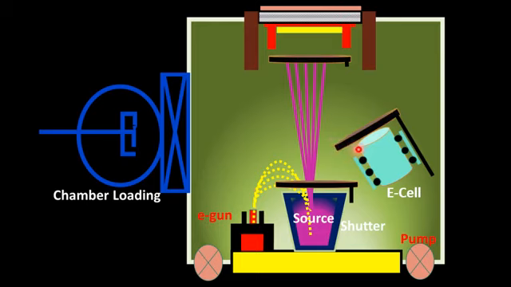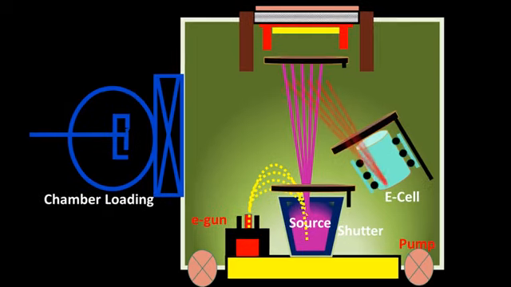This shutter controls the evaporation of the dopant, so in this way we can control the amount of dopant which we need to incorporate onto the surface of the substrate. So the effusion cell is used to incorporate the dopant in the molecular beam epitaxy setup.